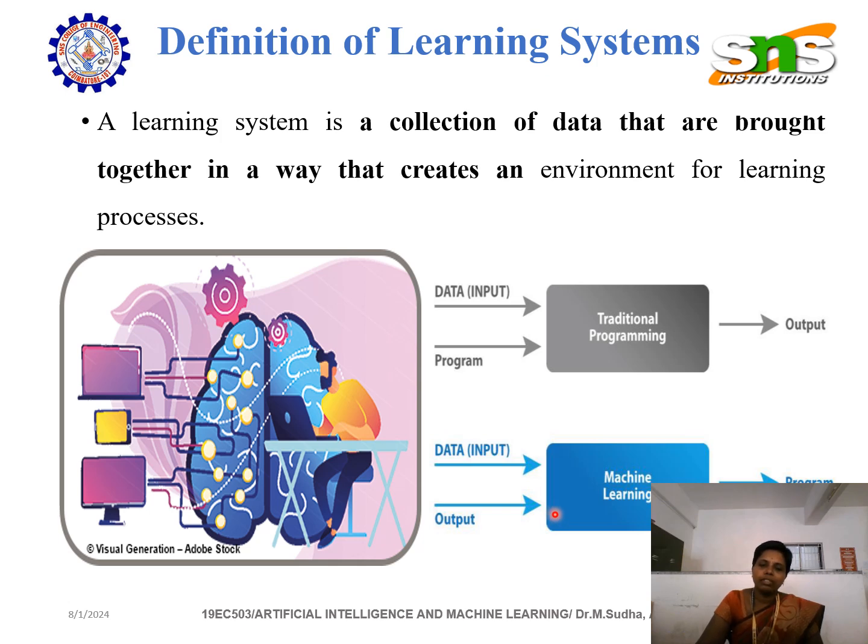We may have doubts about how we can feed the output on the input side. The output is based upon the trained samples from human intelligence, which are fed to the machine learning. Then we make it a program and send it to the machine. This is how machine learning works, and this is the difference from conventional or traditional programming.